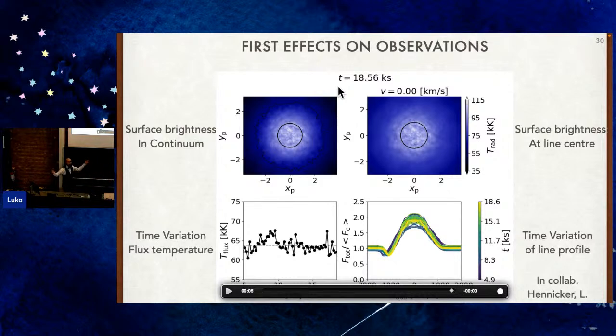So visually, such winds make stars look larger. Thirdly, you can see that the radiation flux temperature changes a lot in time, and that line profiles also change in time. Since we cannot resolve stars, let's focus on those two bottom panels and analyze those further.